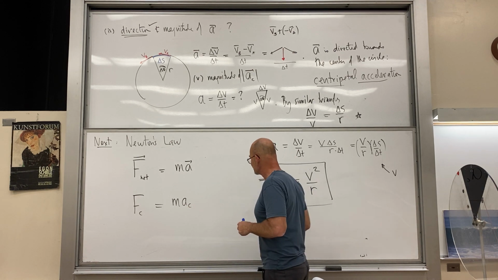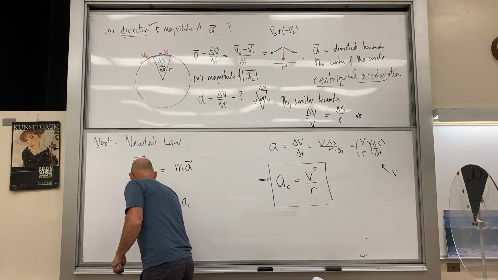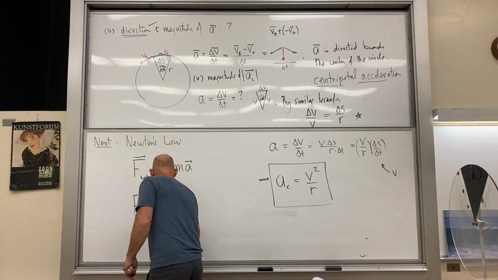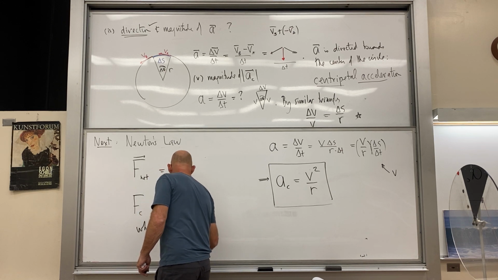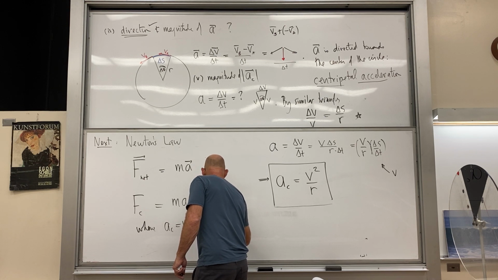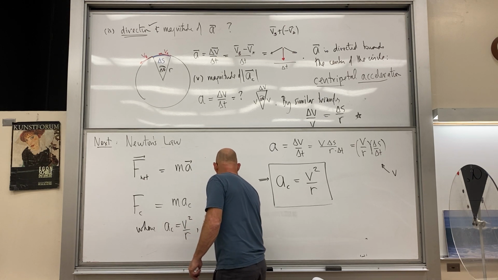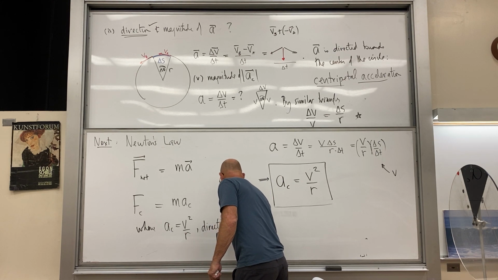And so to complete this, A sub C equals V squared divided by R, directed towards the center. Towards the center.